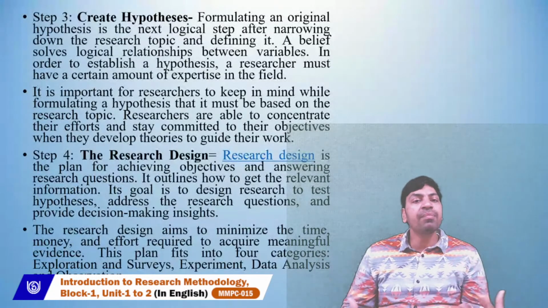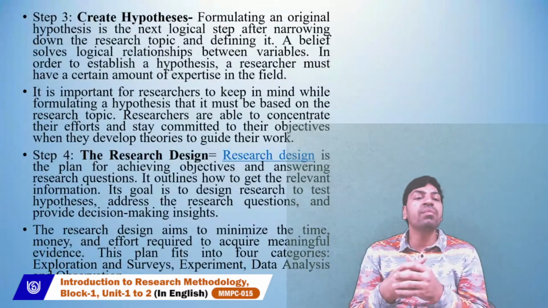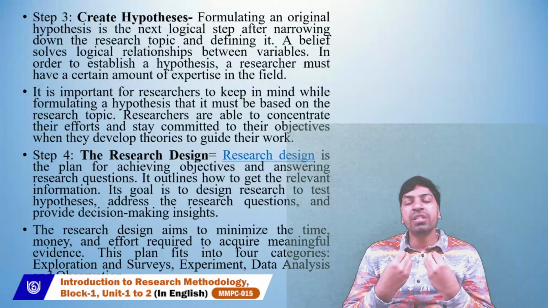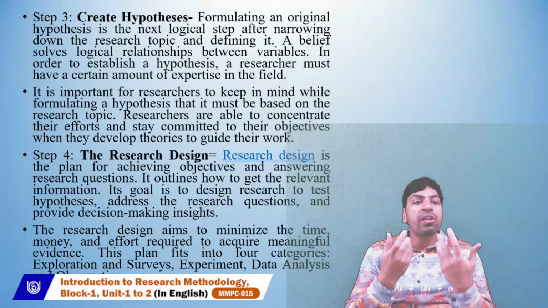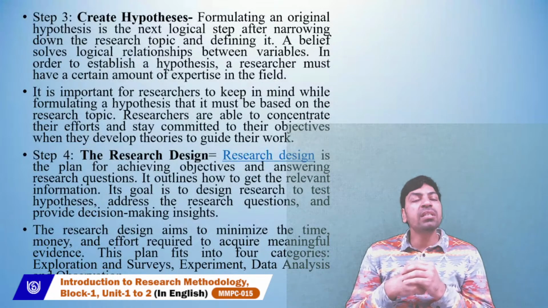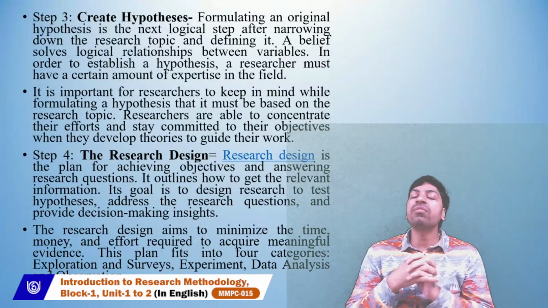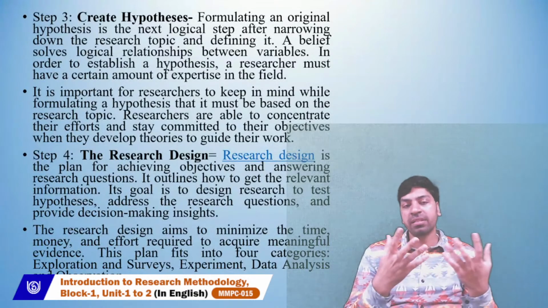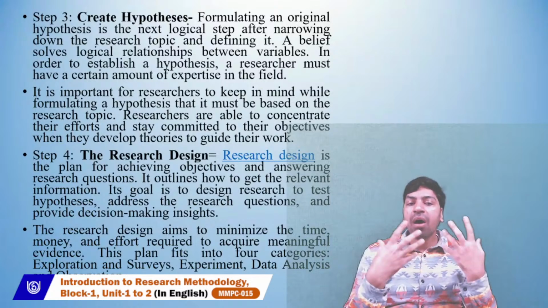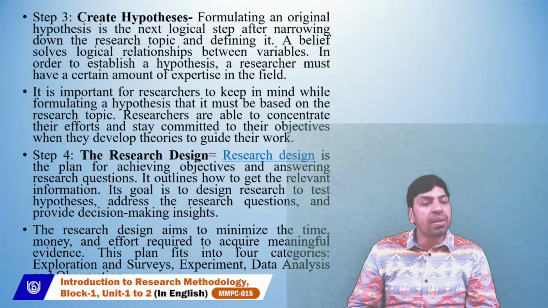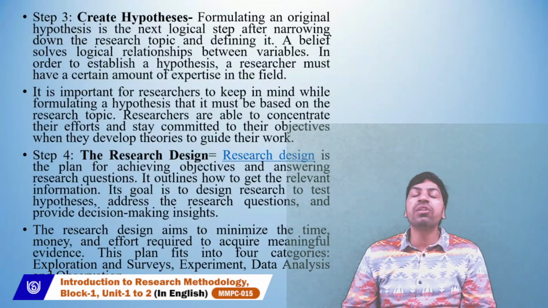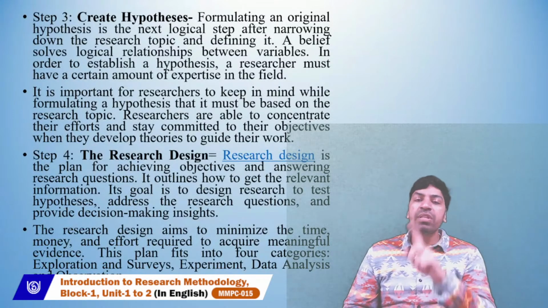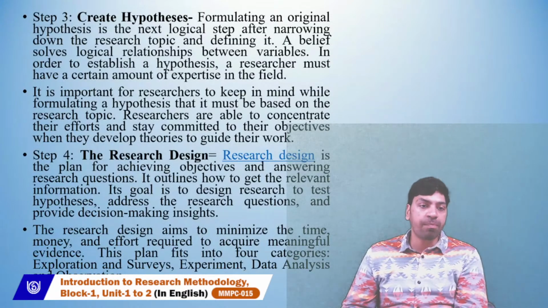This is a hypothesis statement, which is based on my belief and my logic, and contains a certain amount of expertise in the field. This is how a researcher could create a hypothesis. It is very important for the researcher to keep in mind that the hypothesis should always be related to the research topic.